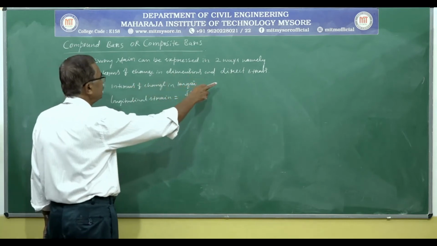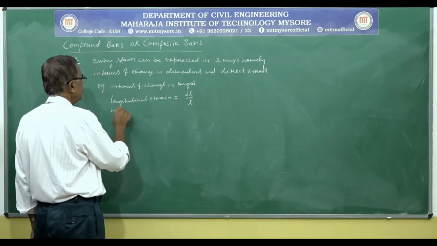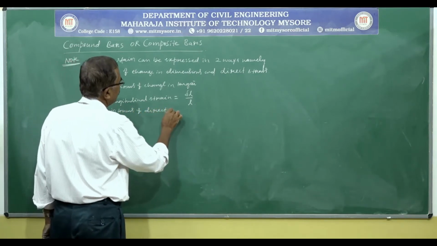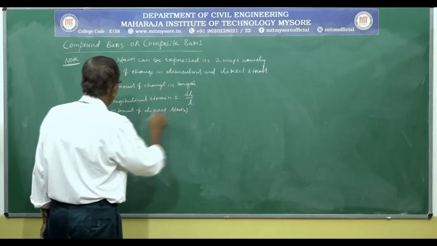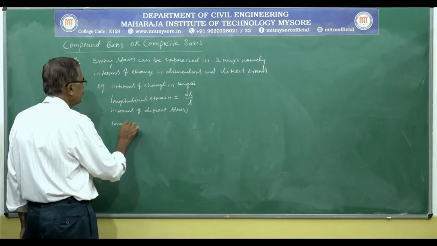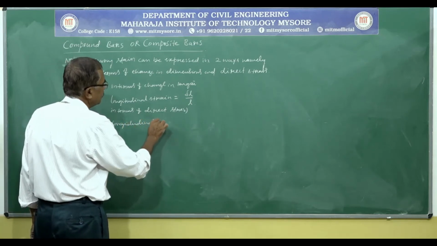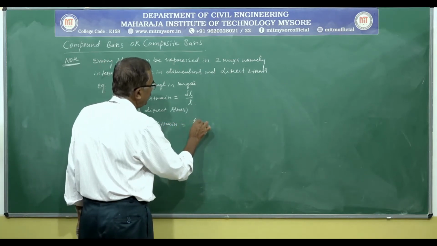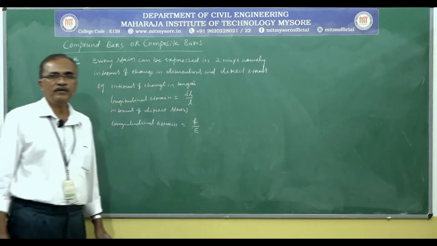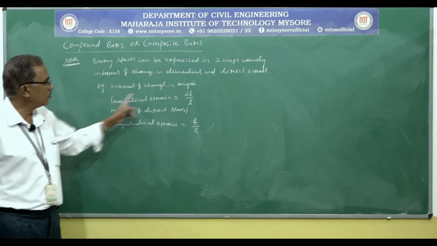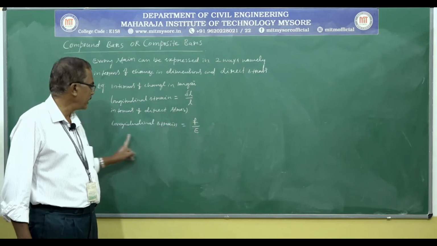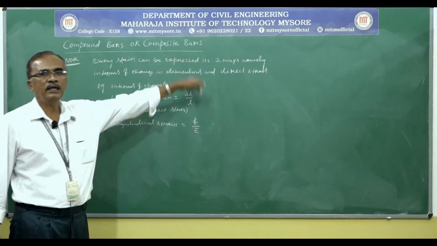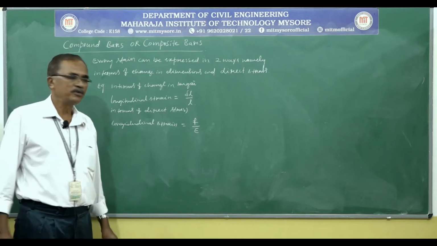And in terms of direct stress, again longitudinal strain is equal to F divided by E, direct stress divided by Young's modulus of elasticity. Strain obtained by using change in dimension and strain obtained by using direct stress will be the same. So this concept we use in compound bar or composite bar.